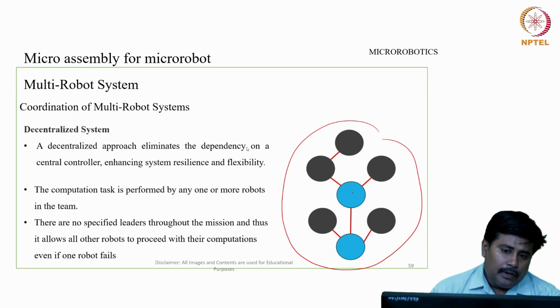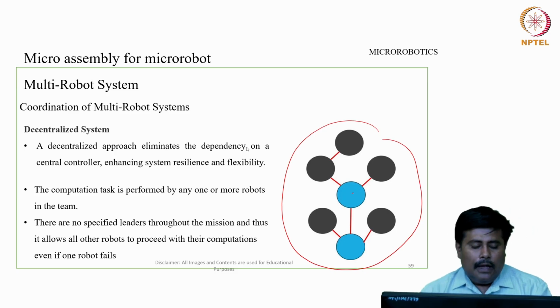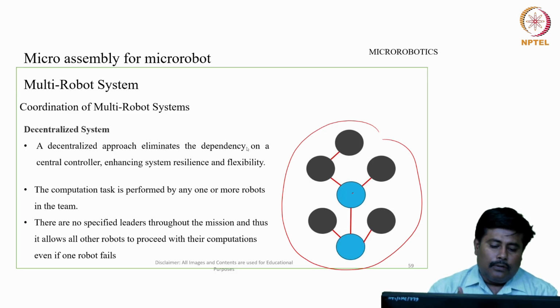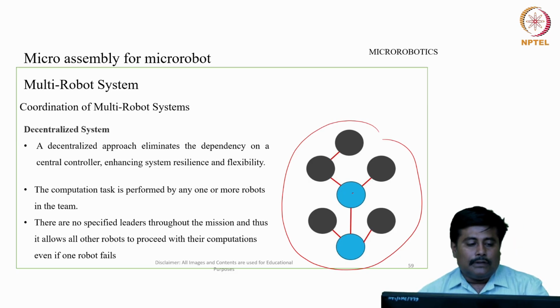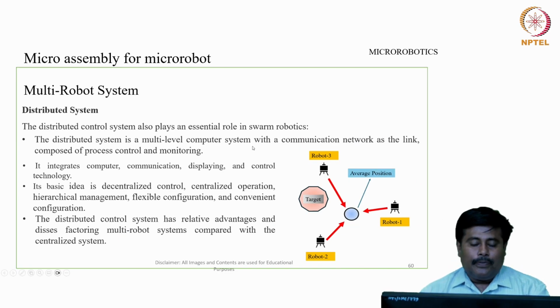There are no specific leaders throughout the mission, and it allows all the other robots to proceed with their computation even if one of the robots fails. That is one advantage of this decentralized system.